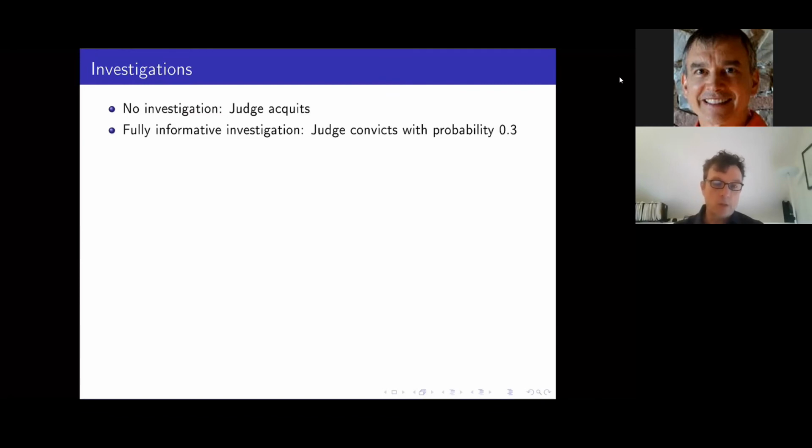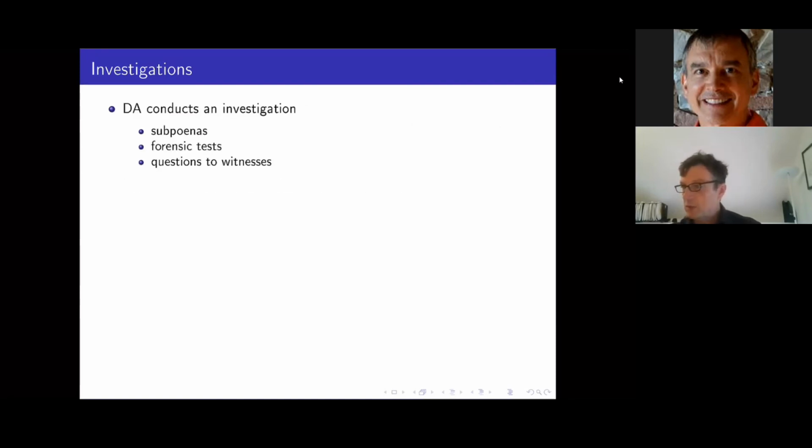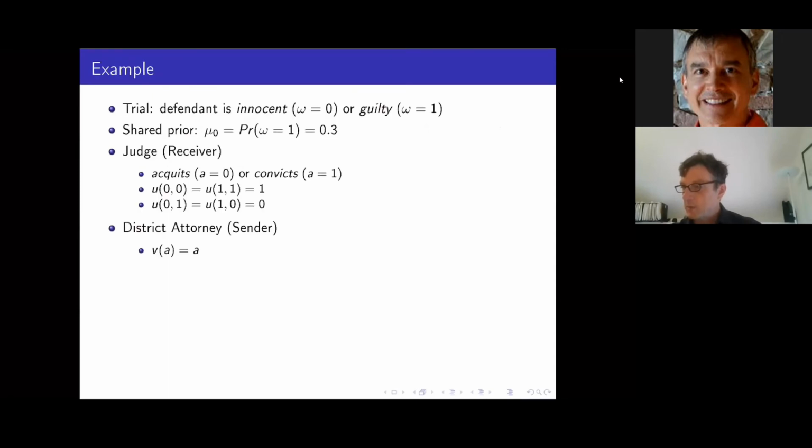Let's be sure that we understand the implication of these investigations for our decision problem. Perhaps it might be useful to just go back by a second to the initial setting. We said that the judge is going to make a decision based on the information that he has, and then is going to try to maximize his expected utility.